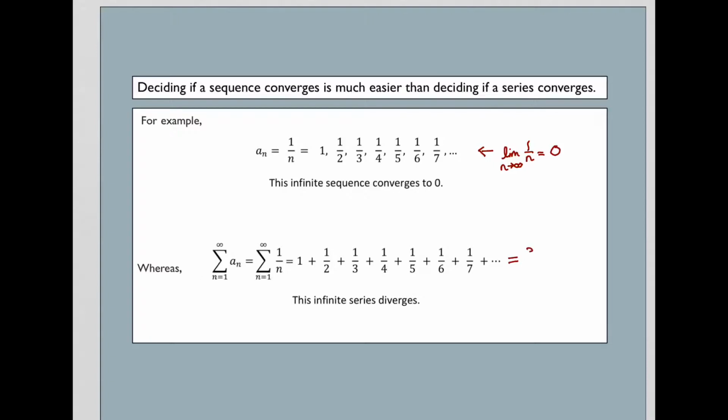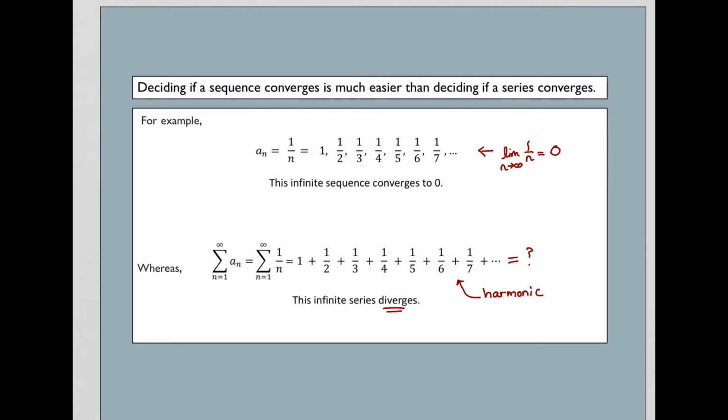Do they add up to give me a limit? Do they add up to be a specific number? Well, if they did, then we would say the series converges. But I'm going to tell you that this special series is called the harmonic series. And harmonic series always diverge. So this harmonic series diverges, and we'll take a look at why later on.